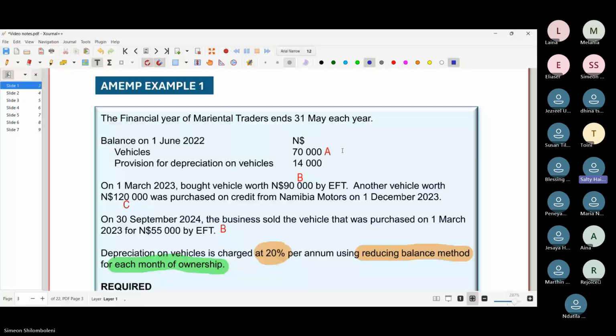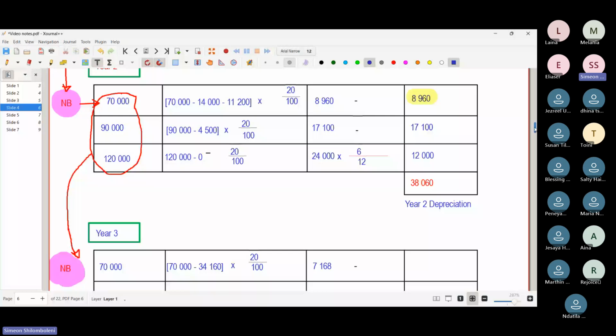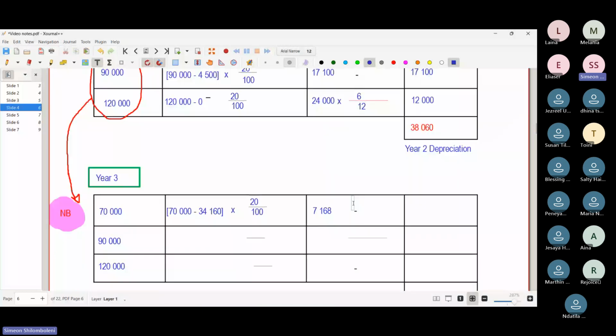No, you sold vehicle B. Okay. So since we did not sell vehicle A, it means this vehicle was in for the full year, which is 12 over 12. But we don't make 12 over 12 because we know it's the same amount. You just bring it as 7,168.